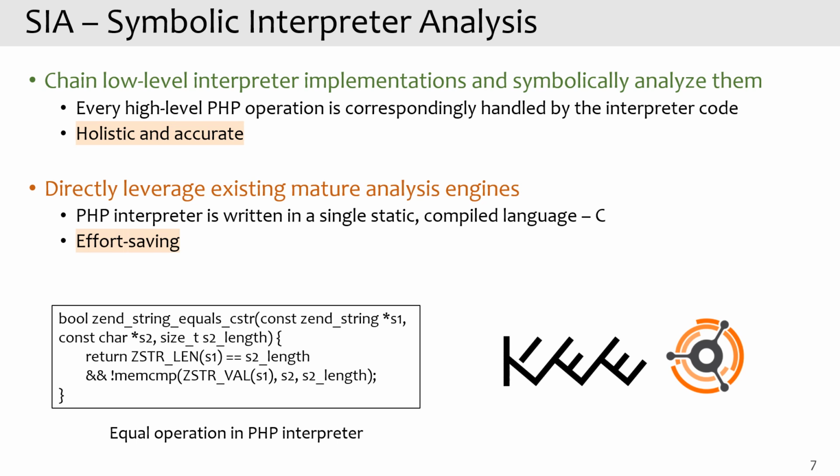At the same time, the PHP interpreter itself is written in a single statically compiled language such as C, thus we can directly leverage existing mature analysis engines such as KLEE or S2E to analyze the interpreter implementations. This shows to be effort saving.